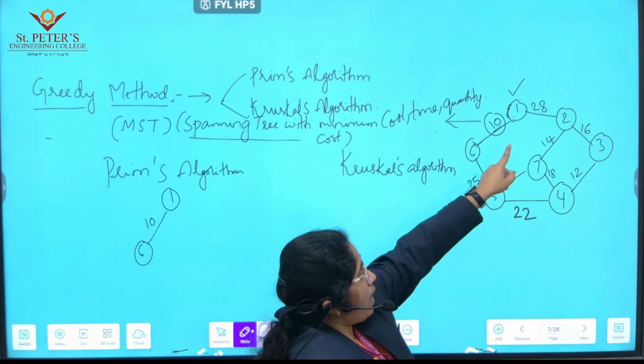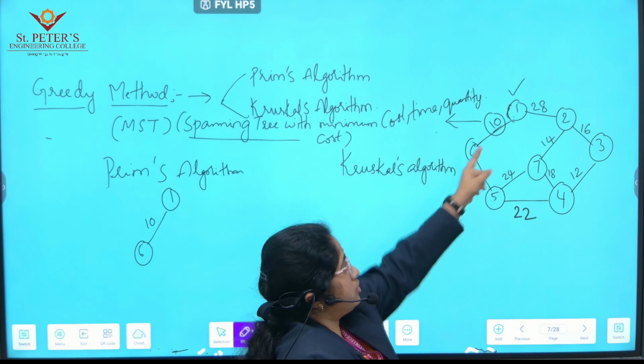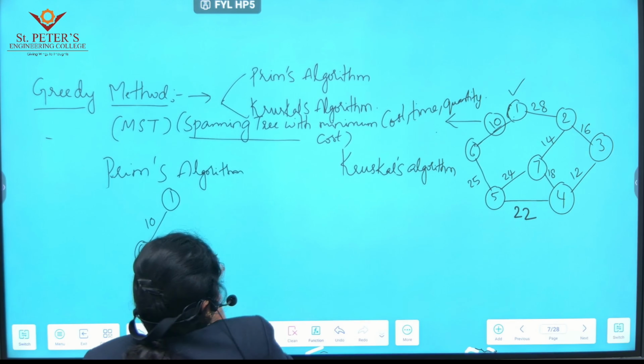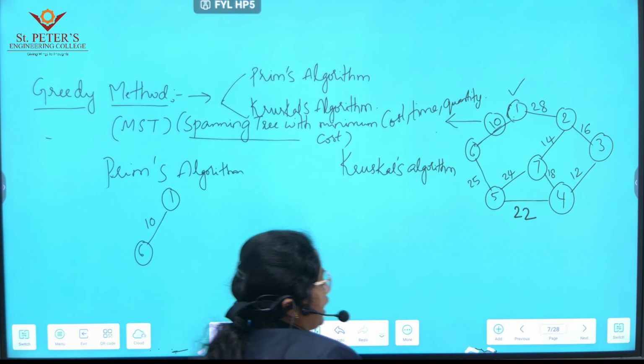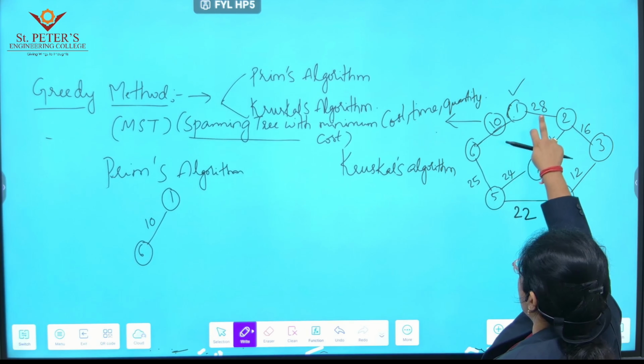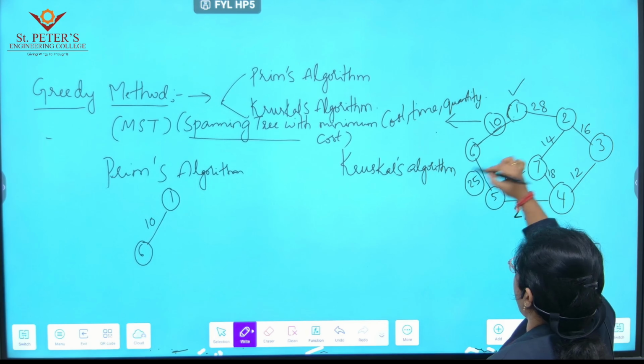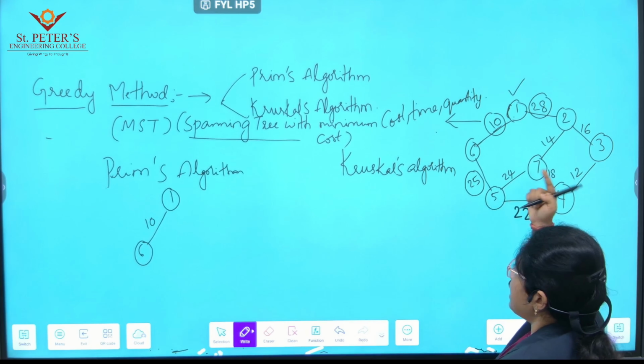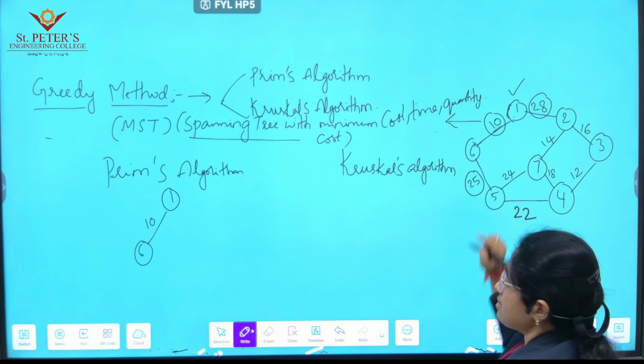Now I have drawn from 1 to 6 the edge with cost 10. The next vertex I need to select is based on cost. Here 25, here 28, which is the minimum one? This edge is the minimum one.